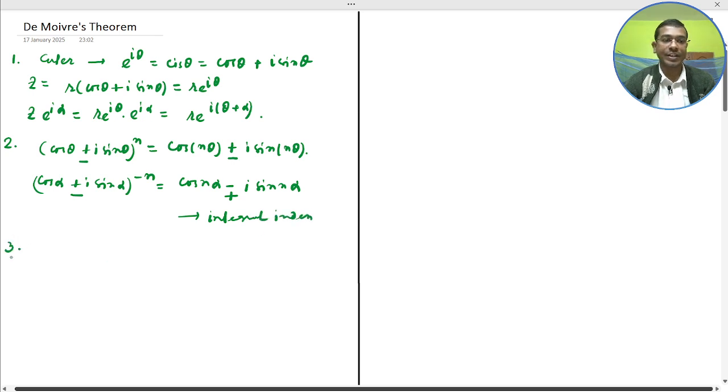Next, de Moivre's theorem for rational index, basically a rational number p by q.